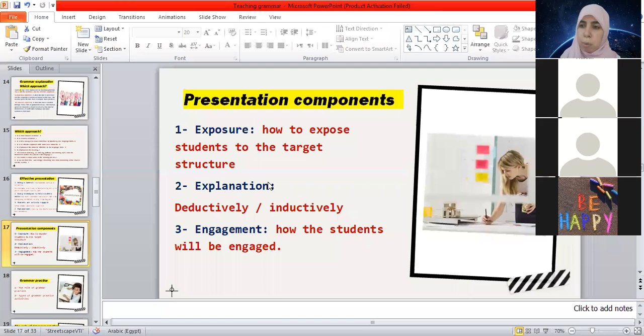So if I expose students to the grammar item more than one time, it will be easy for them. If I explain it easily for my students in a way that's suitable for them, deductive or inductive, it's up to you what is suitable for my students' level. And number 3, to engage them in the presentation. It's a very important point, to engage them in the presentation and teach grammar, okay?